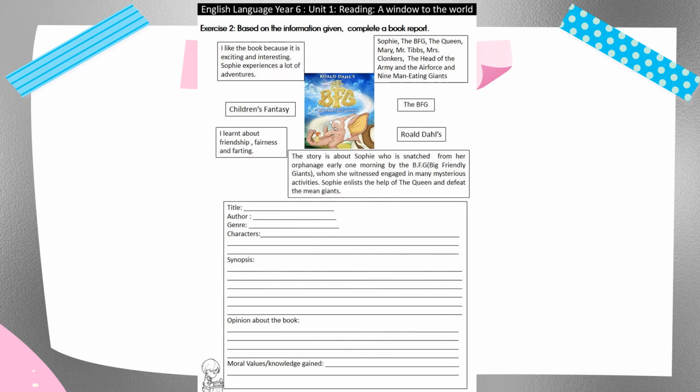Okay, this is your first worksheet. Based on the information given, complete a book report. The answers are all here. Okay, you just have to find the answers correctly. Where is the title?